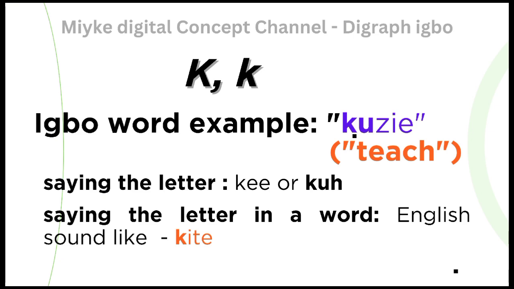Yes, be. But before we talk about be, let's talk about ke. In Igbo, when you're talking about ke, there's an example associated with it, like kuzie, that is to teach, which sounds like ke or ko, like the letters in English, kites.